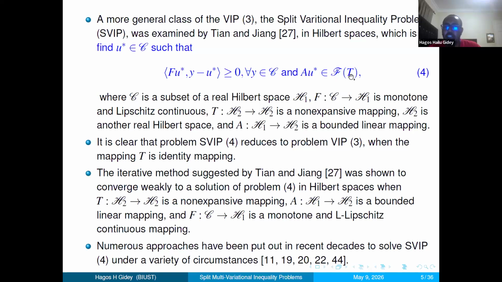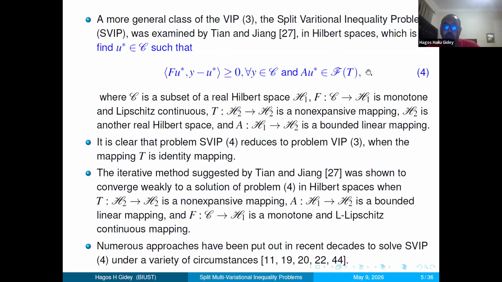They added a map T such that the solution of the variational inequality must also satisfy that u star is an element of the fixed point set of T. They added two maps, A and T, where T is a nonexpansive mapping and A is a bounded linear map. This problem was examined by Tian and Jiang in a Hilbert space setting.